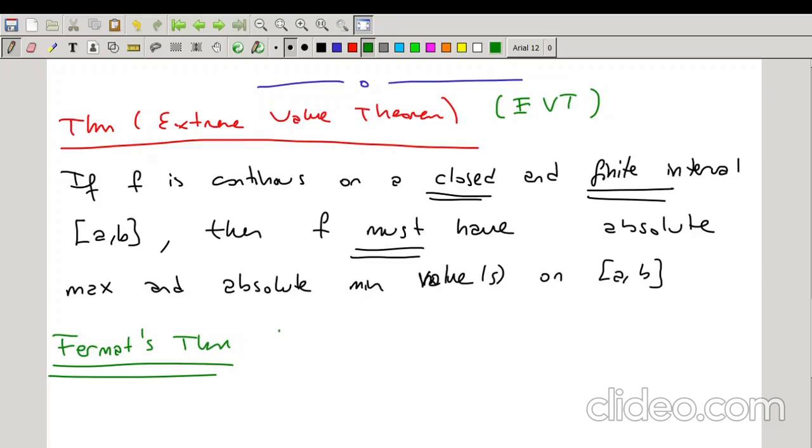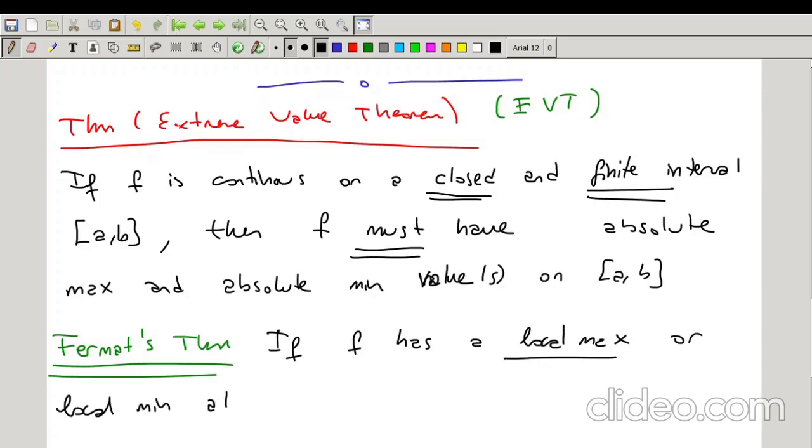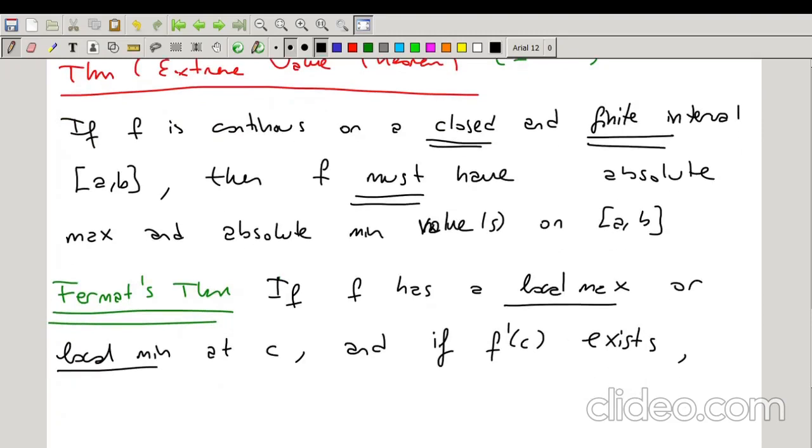So this theorem says if f has a local maximum or local minimum at a point c, and moreover f prime of c exists, okay, we have two conditions.